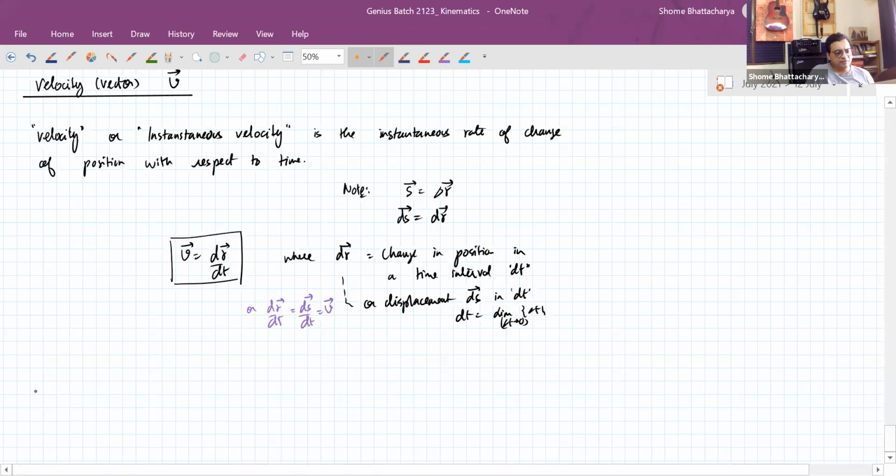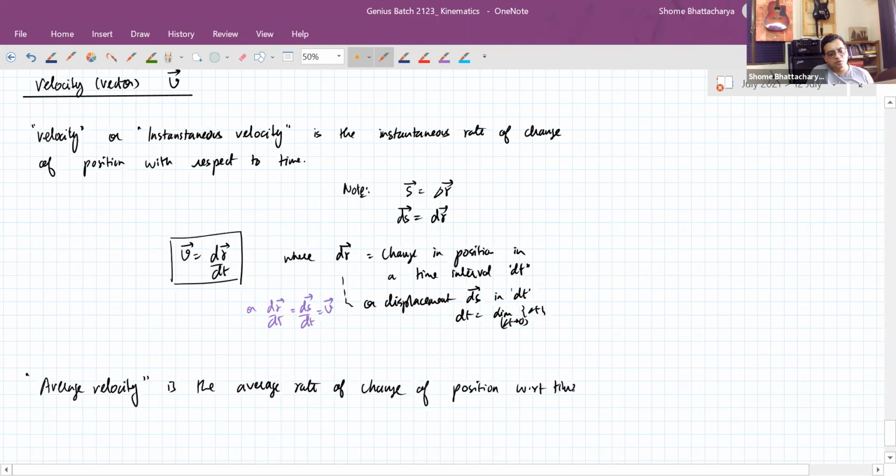Now the second thing is average velocity. Average velocity is the average rate of change of position with respect to time, or we can say it is the displacement, because the change in position is the displacement only, displacement divided by the time interval.